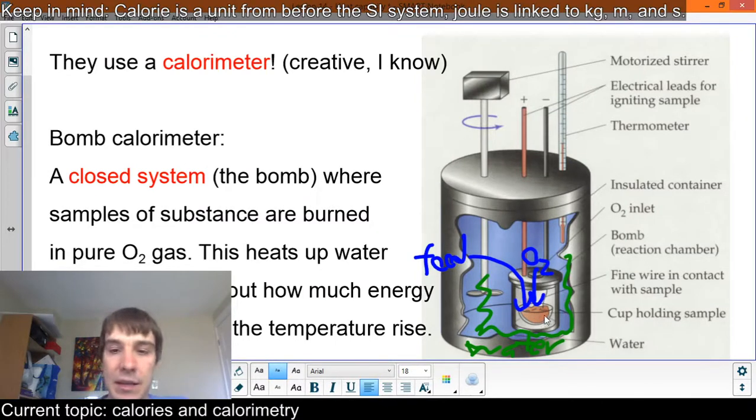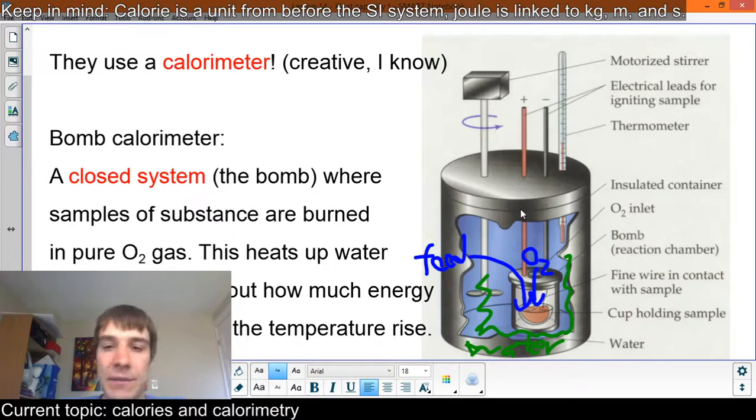In there, there's oxygen, just oxygen gas, and you literally burn the food, because that's what humans do, right? We take food and we combine it with oxygen to break it down and extract the chemical energy. So they literally burn the food in this little bomb with oxygen gas, and then that's surrounded by water, a known quantity of water, right?